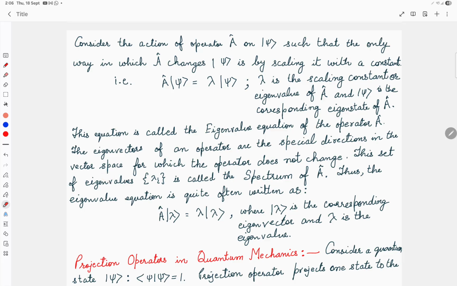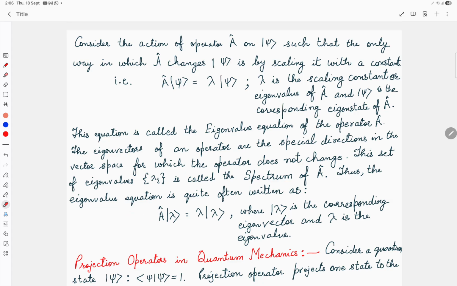So along these directions, the operator does not change value. And an operator will have a certain set of eigenvalues. This set of eigenvalues is called the spectrum of that operator.